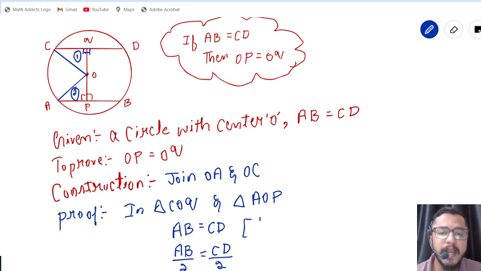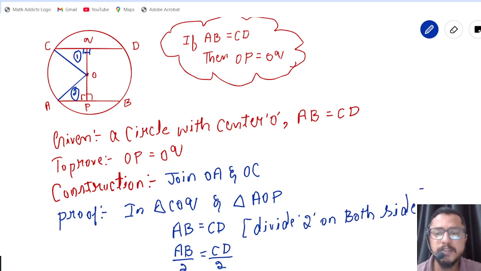What am I doing? Dividing by 2 on both sides. Why am I dividing it by 2? From the entire length CD, if I want to get just CQ, I have to divide it by 2. Similarly, from the entire length AB, if I want to get AP, I have to divide it by 2.